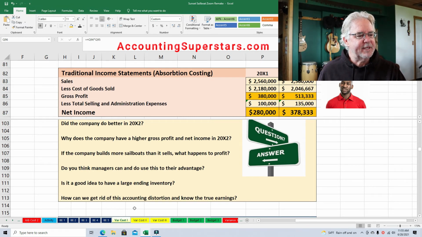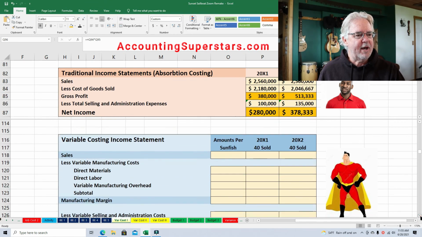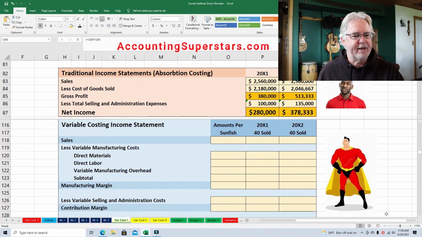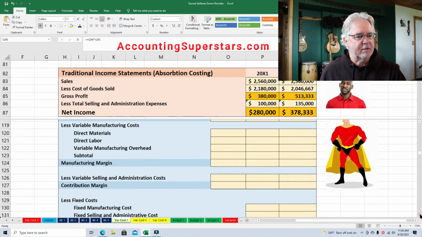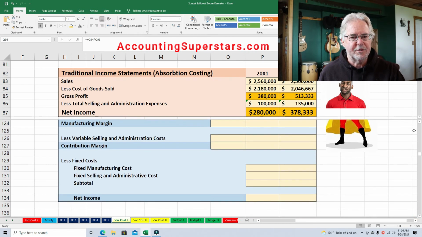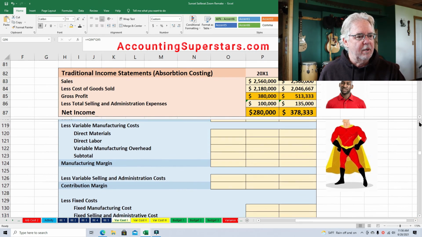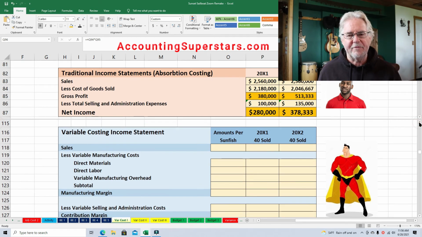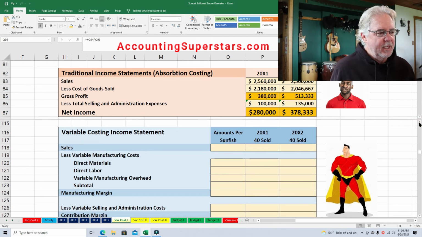So, last question. How can we get rid of this accounting distortion and know the true earnings? Here's the answer, folks. It is called the variable costing income statement. I have a superhero right here. All right, so let's go through it. See how long it is here. Goes down there just a little bit. All right, here's what a variable costing income statement is.